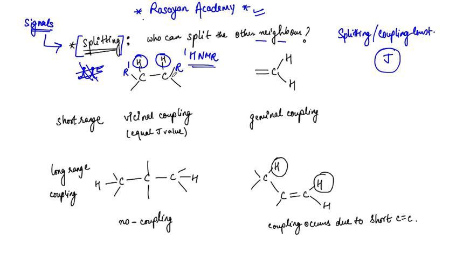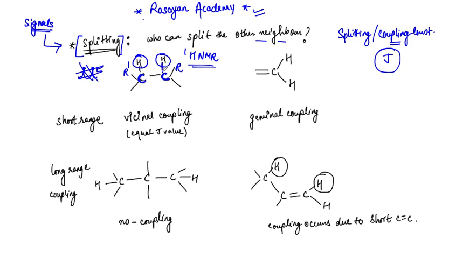So first of all, in some upcoming slides we are going to see what are the different types of coupling constants we have, what are the different splitting patterns. Here I'm just roughly telling you that over here this hydrogen would be split by the adjacent hydrogen, matlab ki this hydrogen is present on this carbon, so it is going to be split by the hydrogen present on the other carbon.